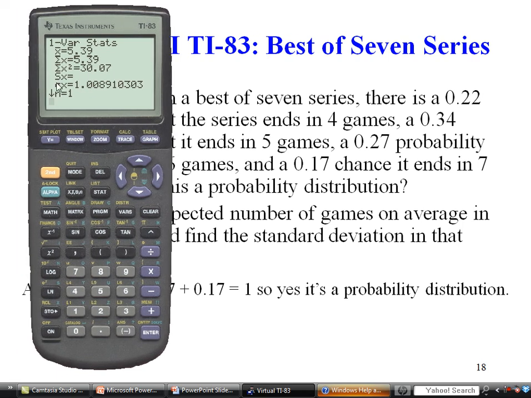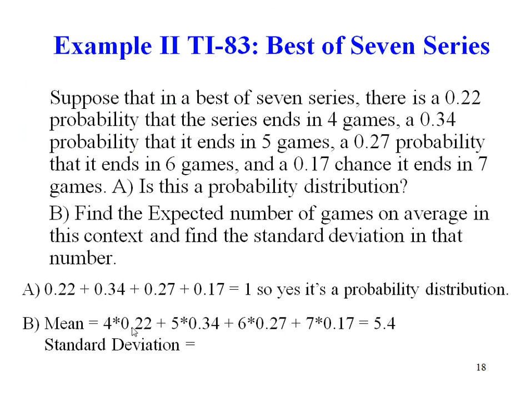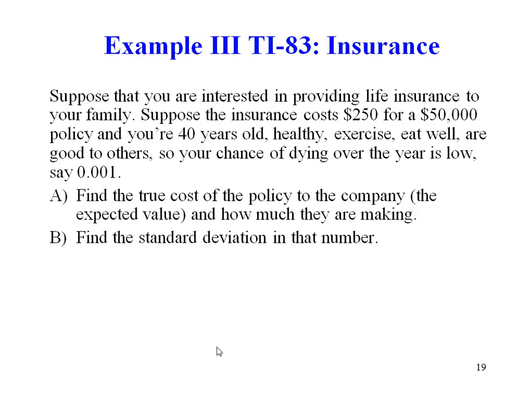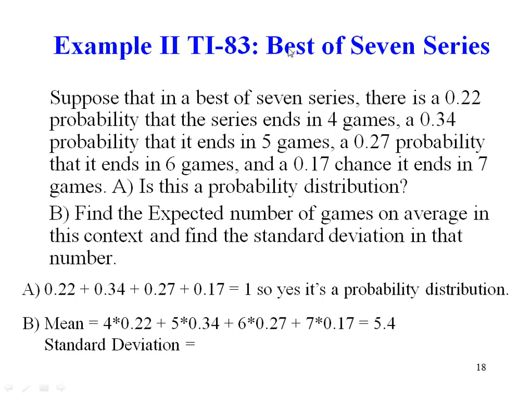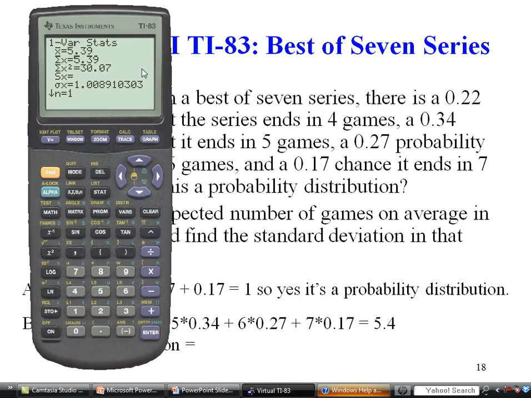So there we have it. This is the standard deviation, that's the mean. The mean, again, we can do by hand, 4 times this and 5 times that and 6 times that and 7 times that, 5.5. And the standard deviation was equal to that 1, basically.